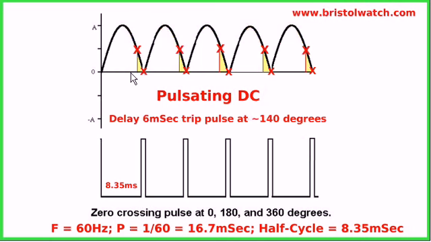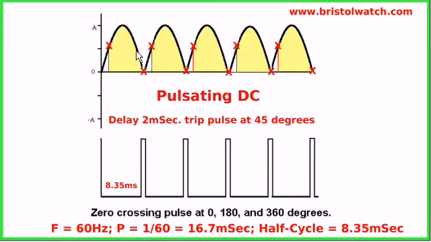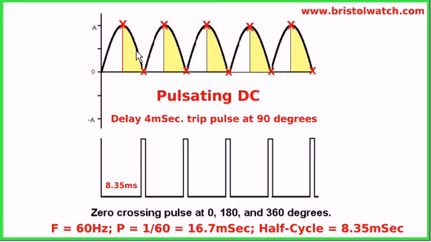If I delay 6 milliseconds, I'm waiting a fairly long time before I switch the triac on, and I'm not transferring much power. The light is dim. So very little delay between the interrupt and 0 crossing pulse, lots of light. Delay 4 milliseconds, it's half on.